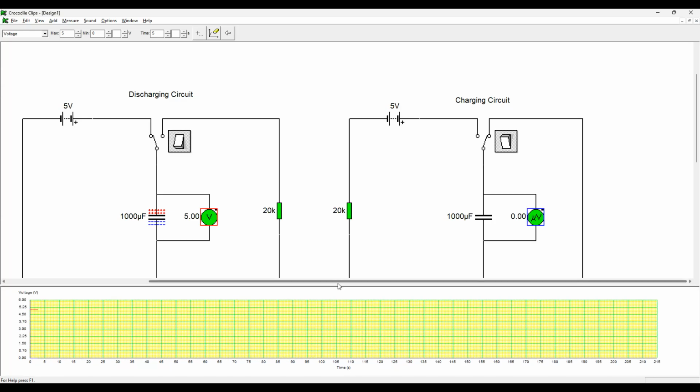Let's have a look at this graph. So here we can see this voltmeter is represented on the blue line, whereas the other circuit is just stationary. And we can see that it's charging rapidly at first, and then the line is becoming more and more shallow as it approaches the 5-volt level.